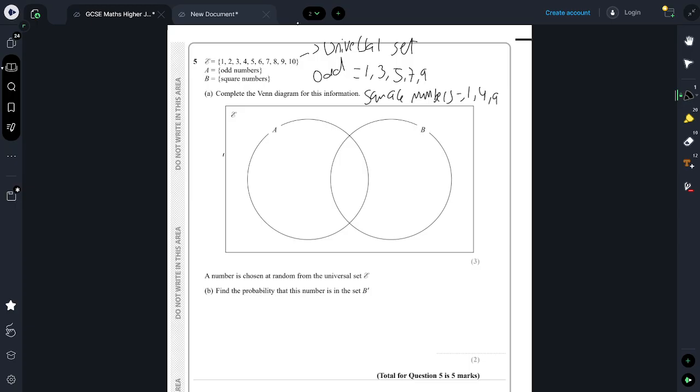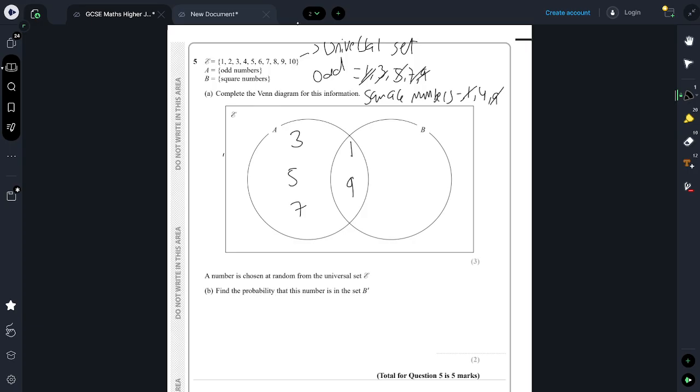Okay, so what numbers go in both of these then? Well, 1 clearly, and actually 9 as well. We can cross those two out. So then let's look at odds. The only other numbers that are odd, but not square, so only in A, are 3, 5, and 7.